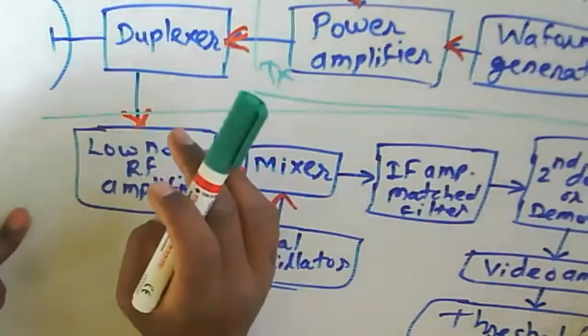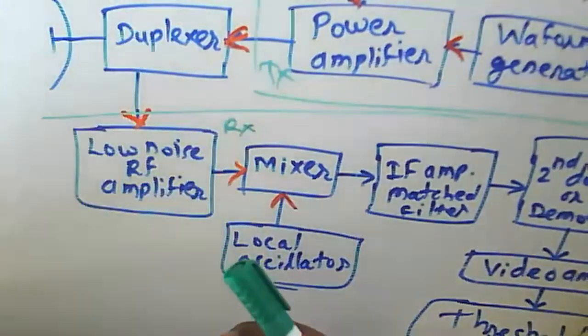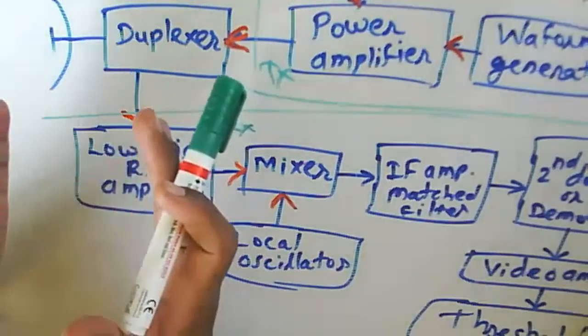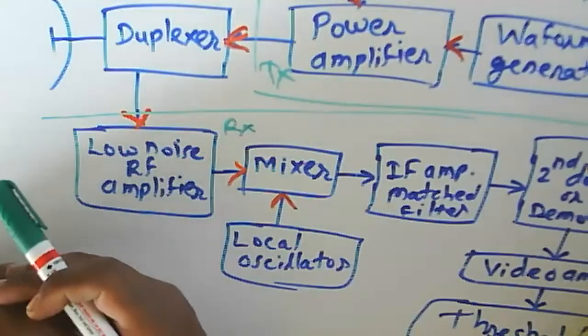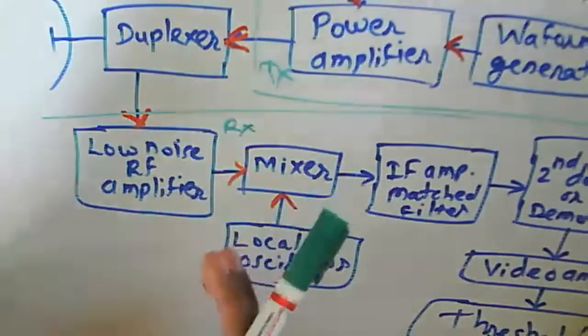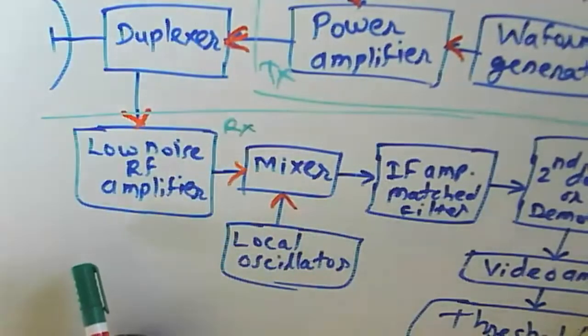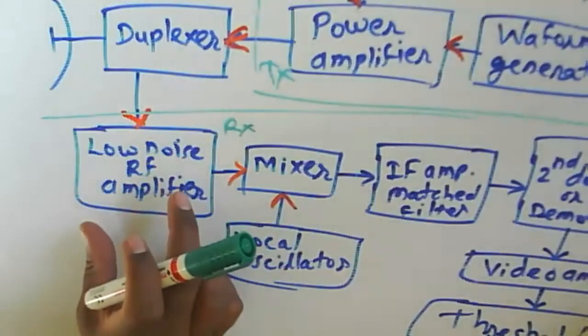It will remove the noisy signal in that region, and only if a sensitive or low signal is there, that will be amplified by this device. Okay, that is about the role of the low noise amplifier.